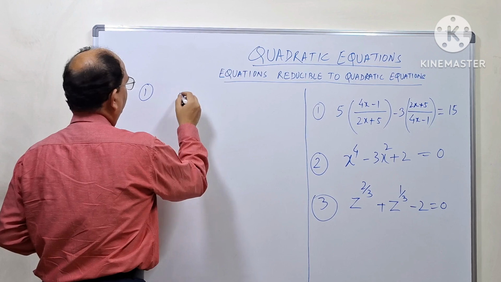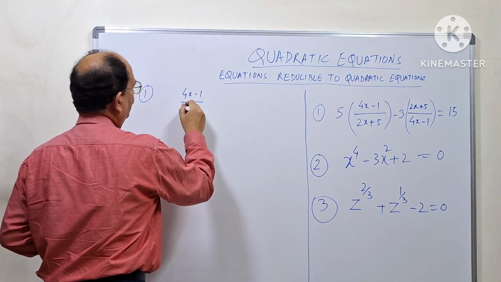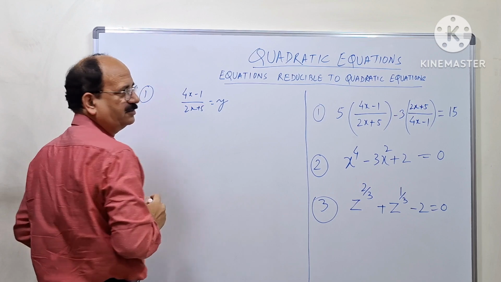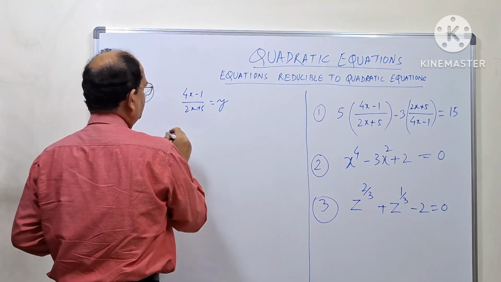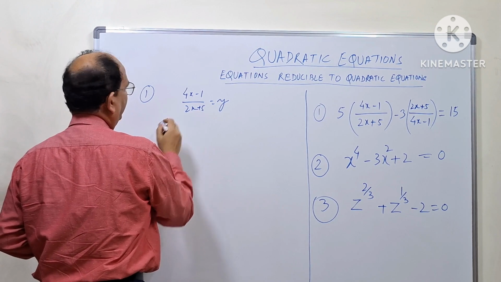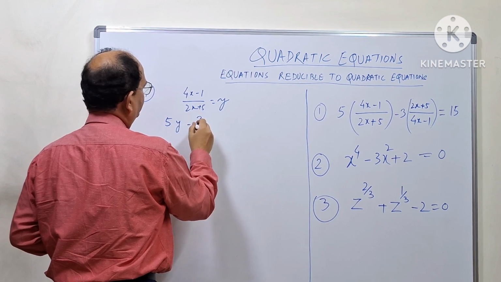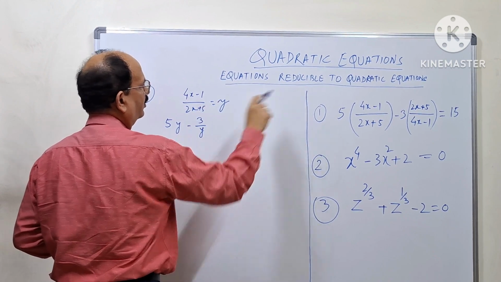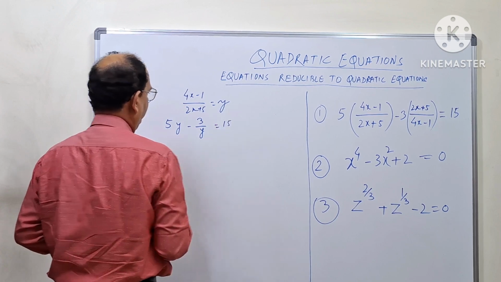Let us assume that 4x minus 1 upon 2x plus 5 is equal to y. Then the equation turns into 5 times y minus 3 upon y, because 1 by y will be equal to 2x plus 5 upon 4x minus 1, and that will be equal to 15.